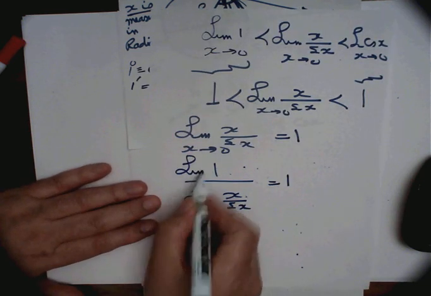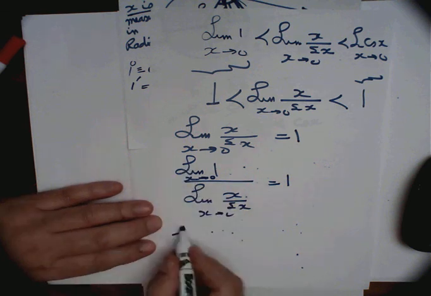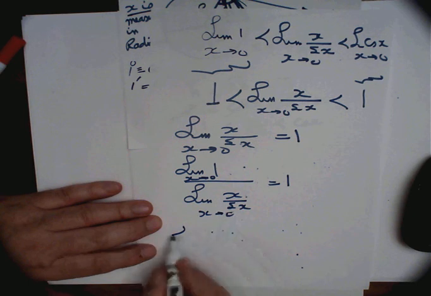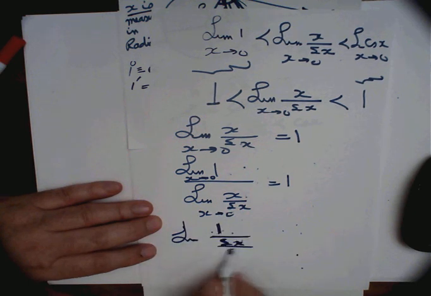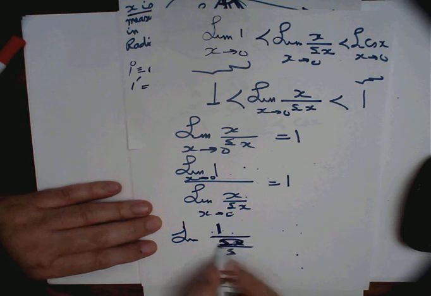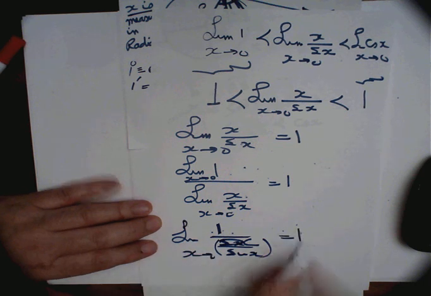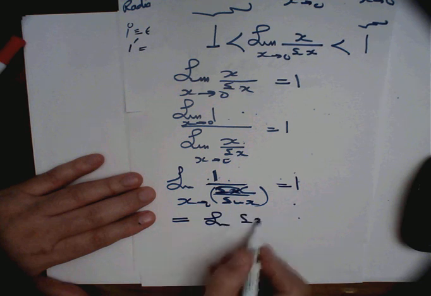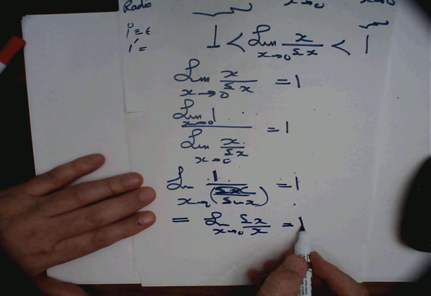Simplify, it is the limit of sin x over x as x approaches 0, which is 1.